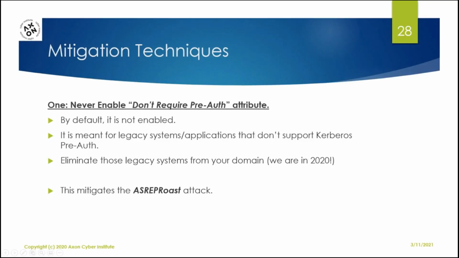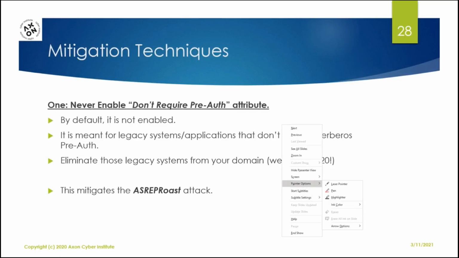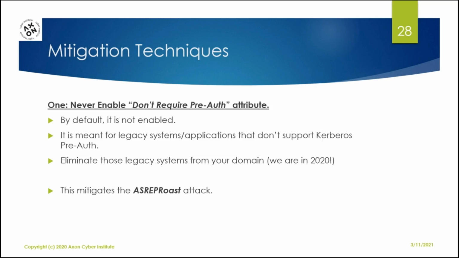The first thing: you should never use the "don't require pre-auth" attribute. It is there for legacy systems. However, we should not really have legacy systems. If you really care about security, then the systems and services you install in your network need to comply with the security policy.